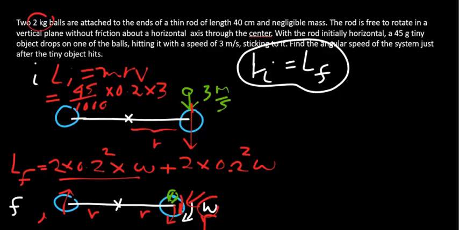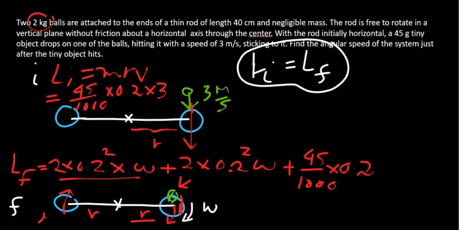So that is the second contribution. And finally, the contribution from the third object, which is that tiny object. Its mass is 45 grams, so 45 over 1,000 to convert that into kg. The distance from the axis of rotation is 20 cm or 0.2 meter. Its speed, v, is given by r omega. So this omega is there, and this r is 0.2. So times the existing 0.2 will give you 0.2 squared.